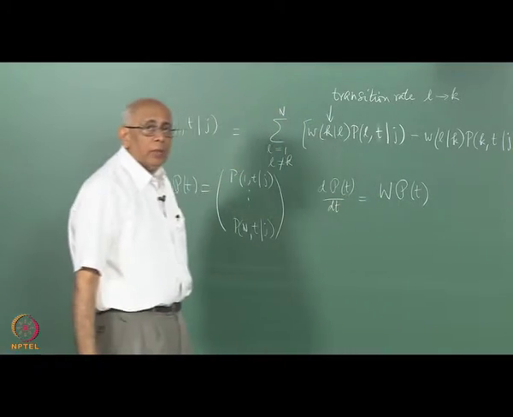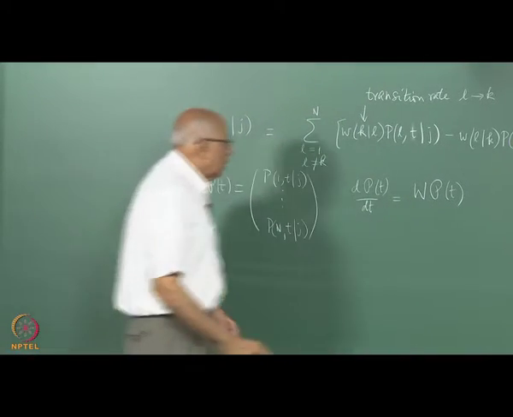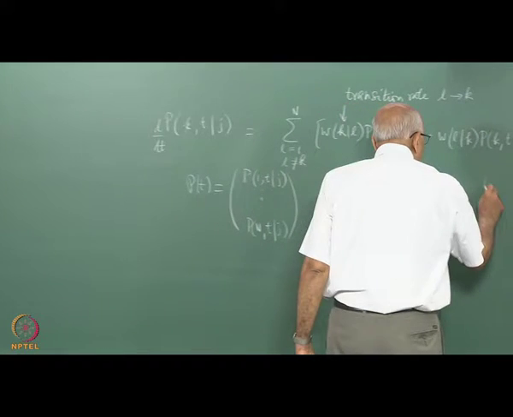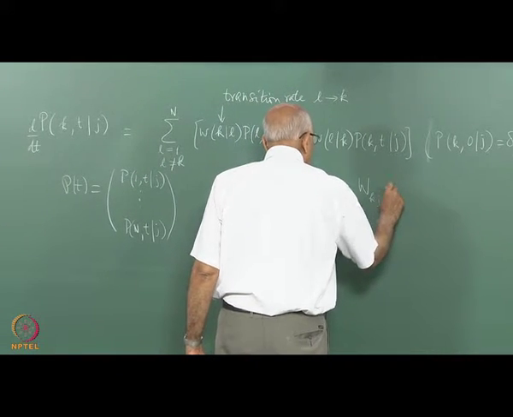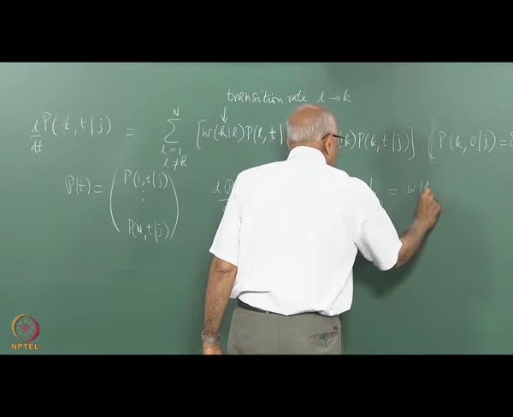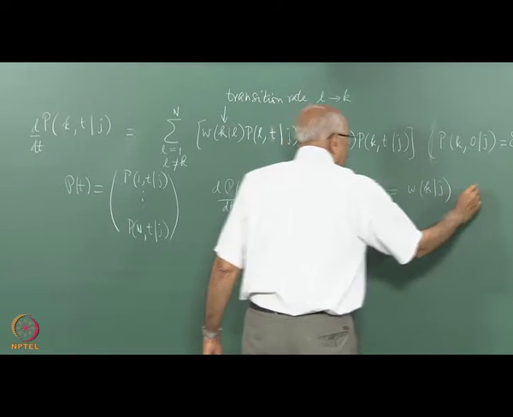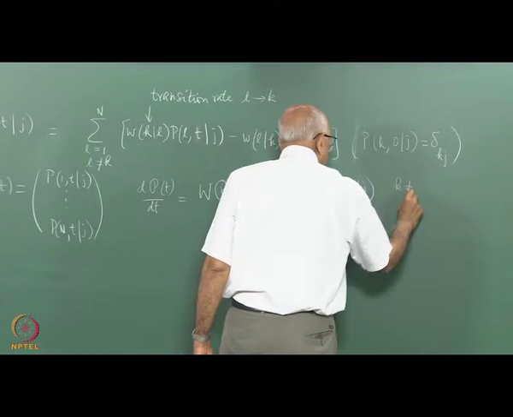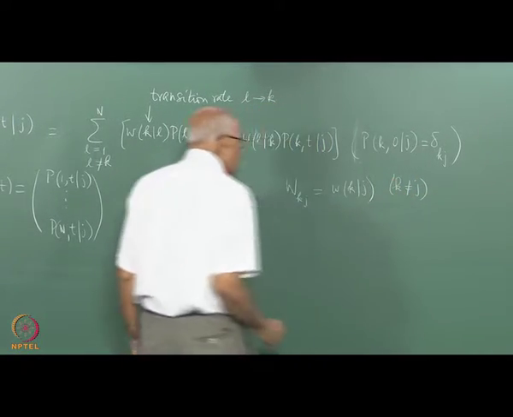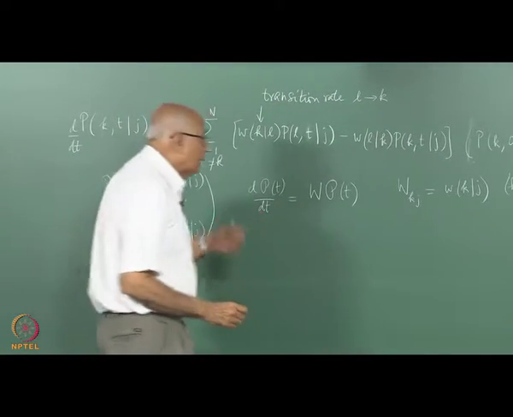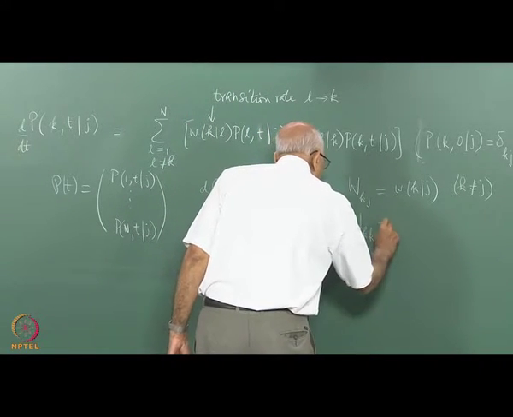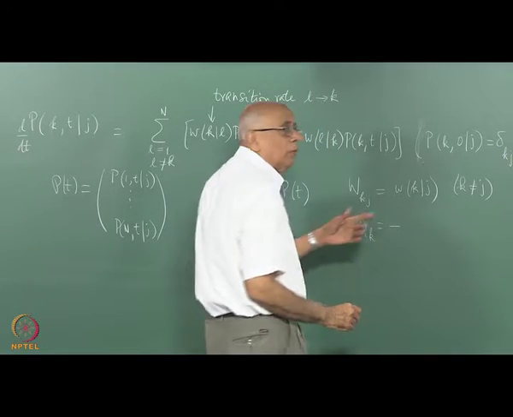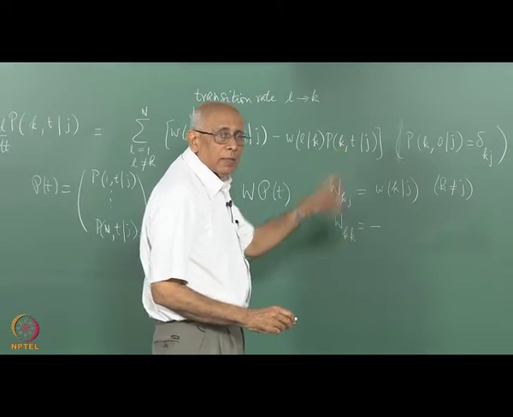And this matrix W, as you can easily verify, has the following elements: W kj equal to W kj for all k not equal to j, all off diagonal elements were of this form, and the diagonal elements W kk was equal to minus the sum of all the other elements in that row.